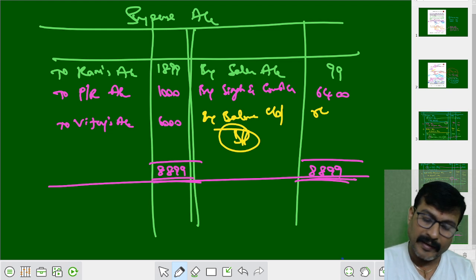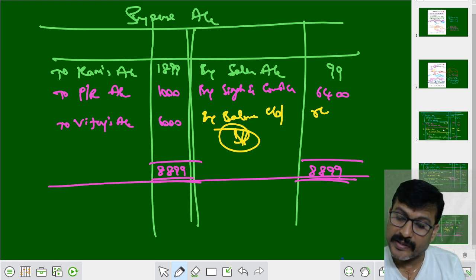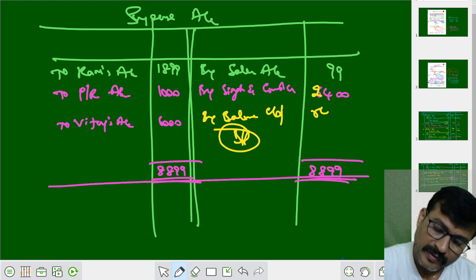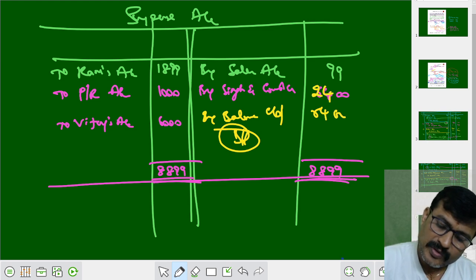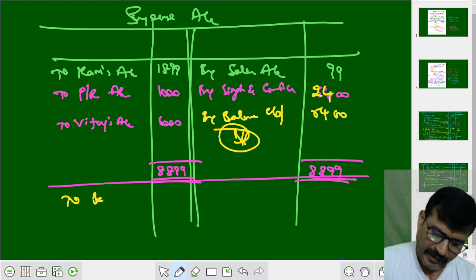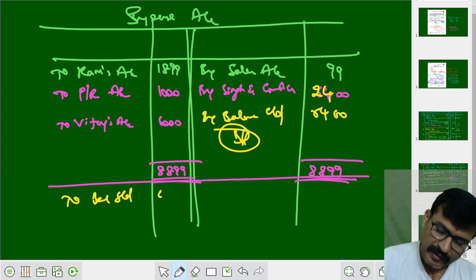How much is the difference in trial balance? Singh and Company, how much amount is there in Singh and Company? See, Singh and Company is 2400. Now it comes to 6400. As a balancing figure, after carry down, it is to be taken as brought down 6400 rupees.